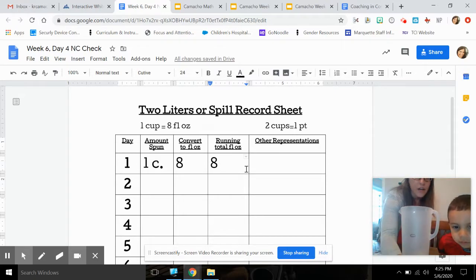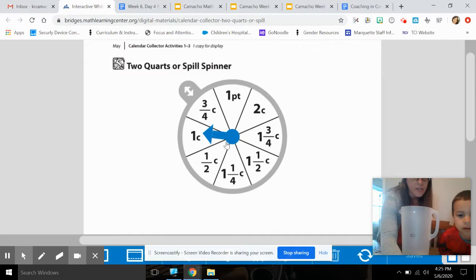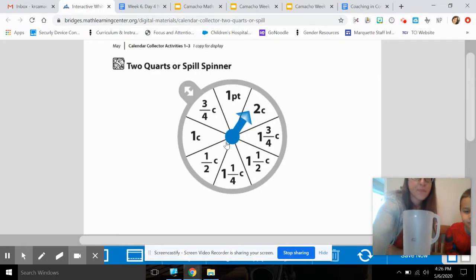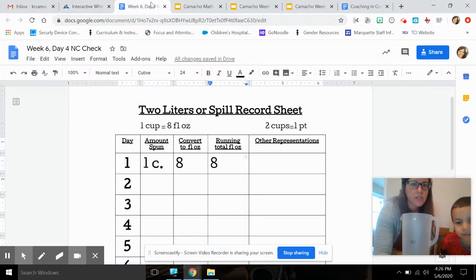No. All right, Wyatt, ready to spin the next one? Yeah. 2 cups. All right, so now we have 2 cups that we spun. Well, if 1 cup is 8 fluid ounces, then 2 cups would be 8 plus 8, or 8 times 2, which is 16.